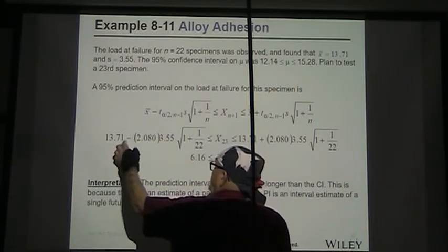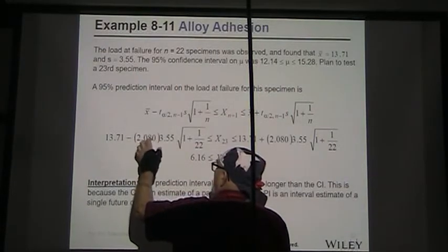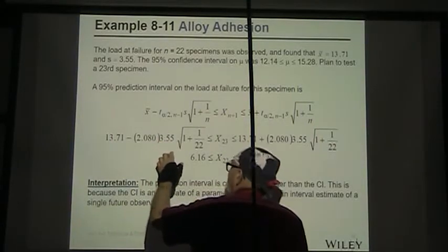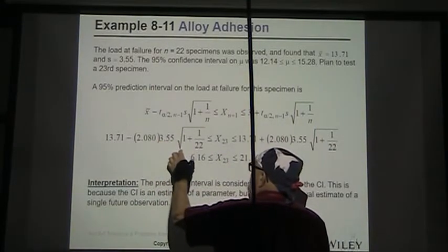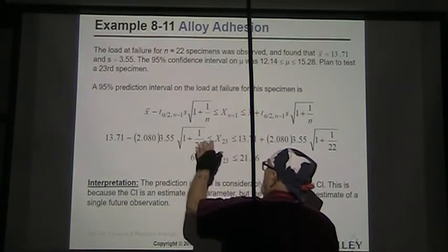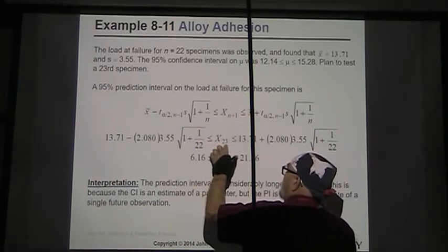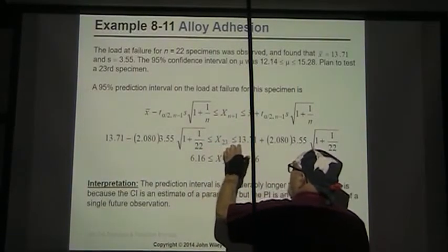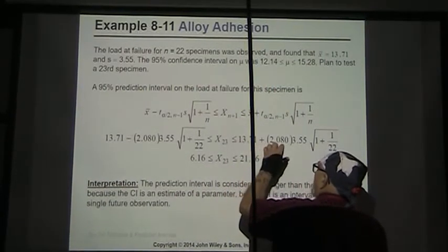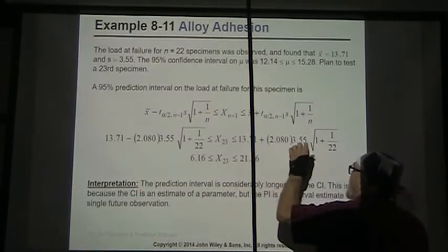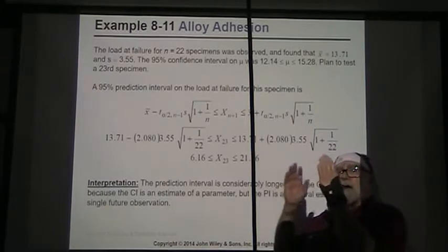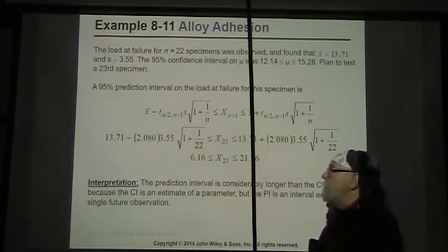So 13.71 minus 2.080 times 3.55 times the square root quantity of 1 plus 1 divided by 22 is less than or equal to x23 less than or equal to 13.71 plus 2.080 times 3.55 times the square root quantity of 1 plus 1 divided by 22.